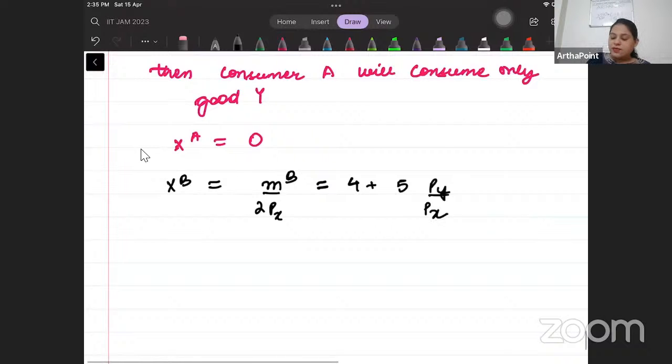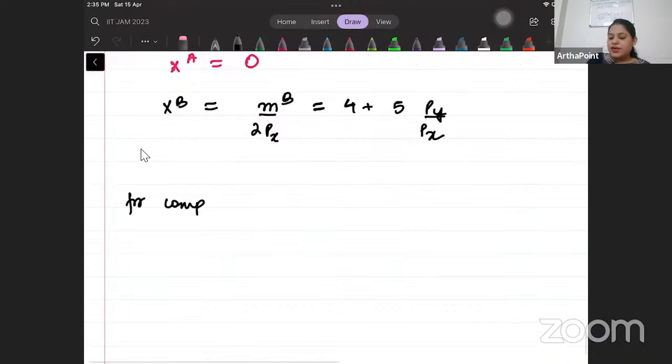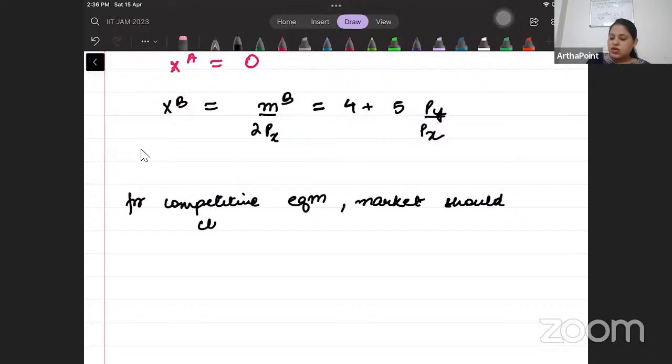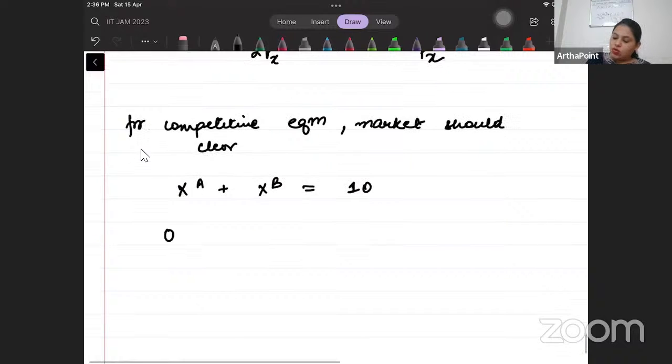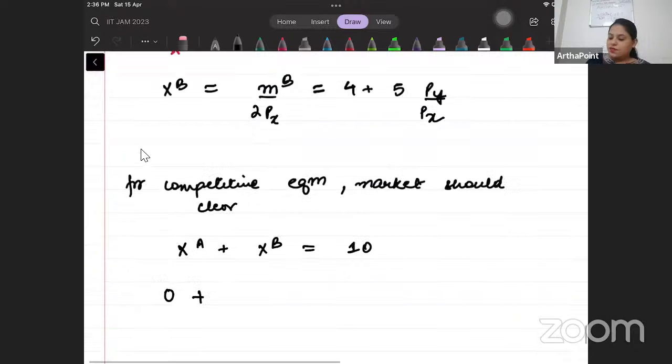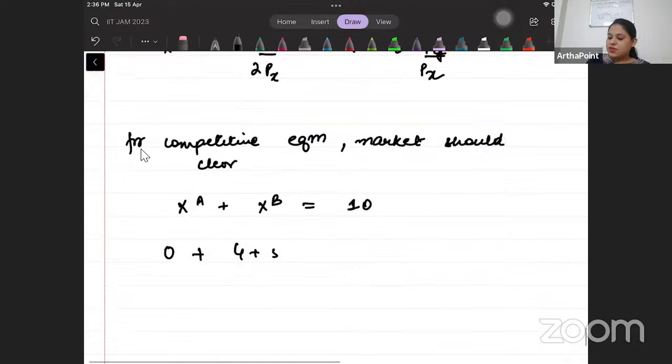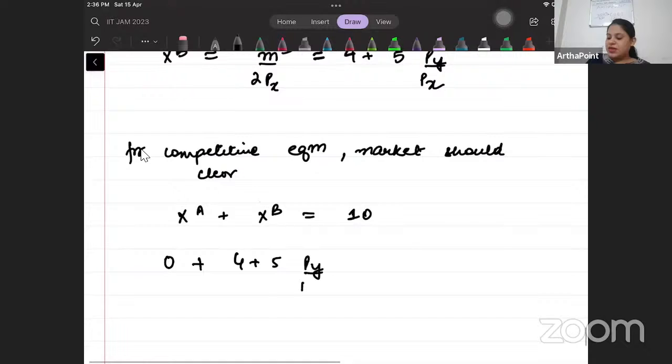So we know that for competitive equilibrium, the market should clear. So I need XA plus XB should be equal to 10. So I need 0 plus 4 plus 5 py by px should be 10.